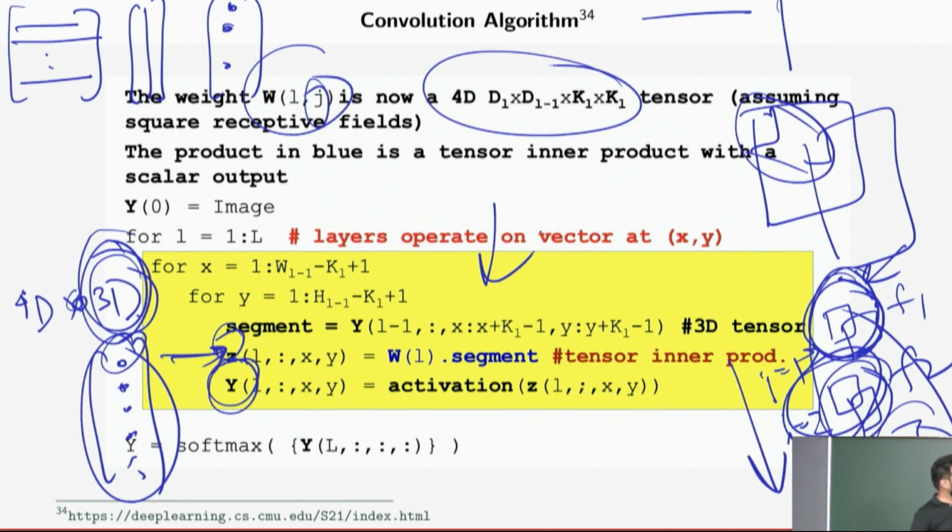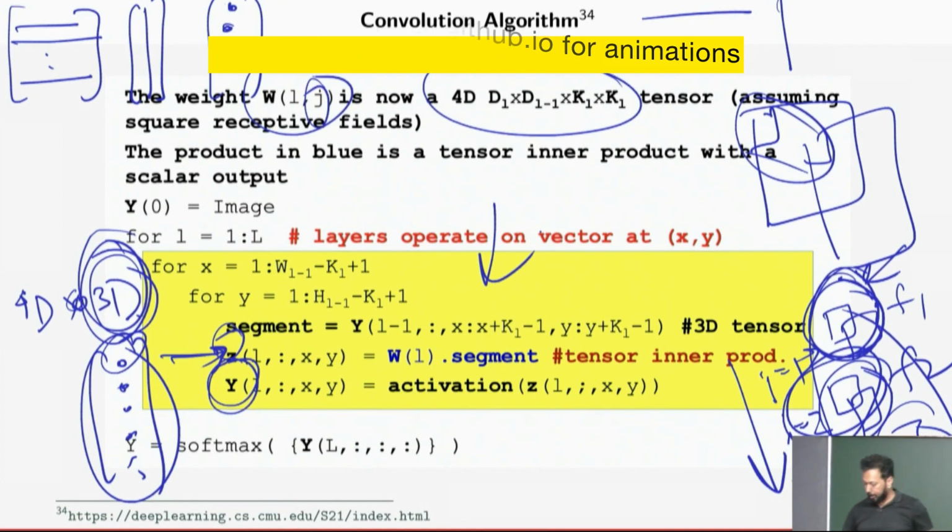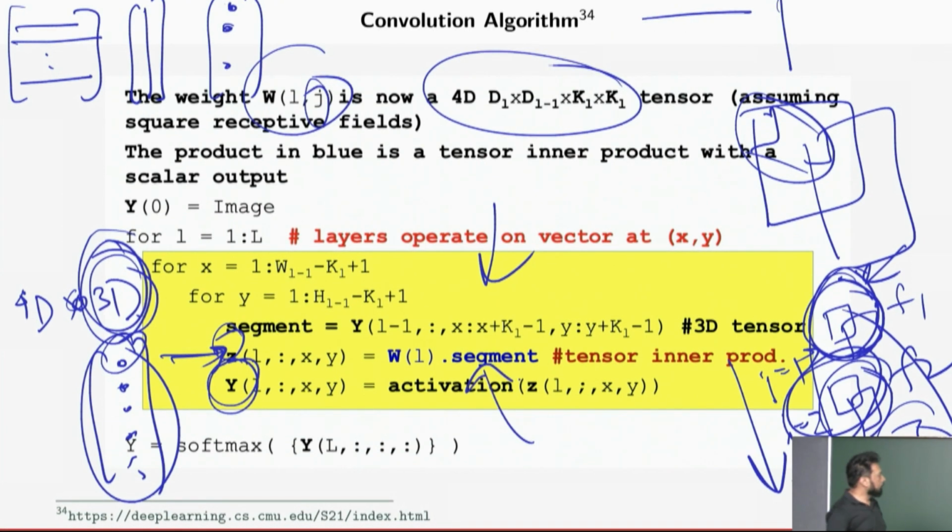Each filter is acting on the same segment, so you can vectorize across that many filters. Beyond that you cannot. Then the next layer's neurons have to wait for these to be completed. These things are good because, as I said in the last class, there are very interesting libraries like BLAS, and even for tensors now there is an extension.